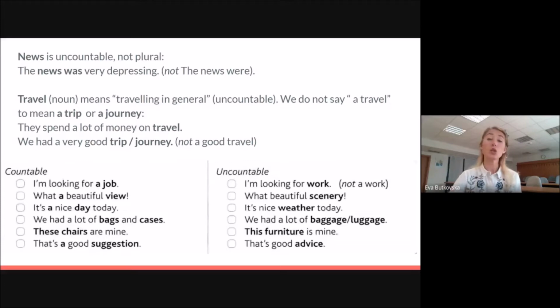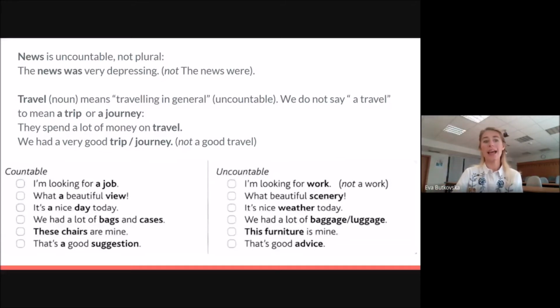A job, 2 jobs, 3 jobs, some jobs. But if I say I'm looking for work, in this case, work is uncountable. There are never works or 3 works. I have 3 jobs, but I don't have 3 works. There is only work.